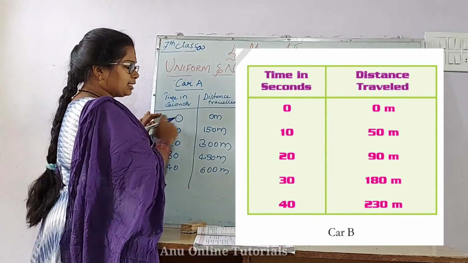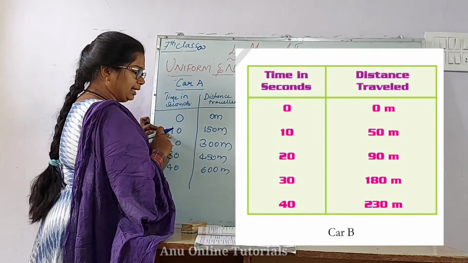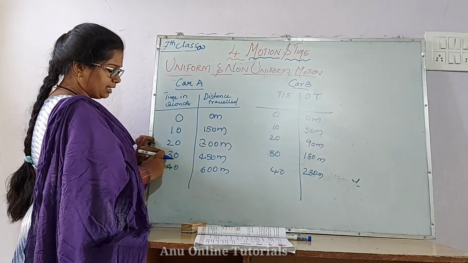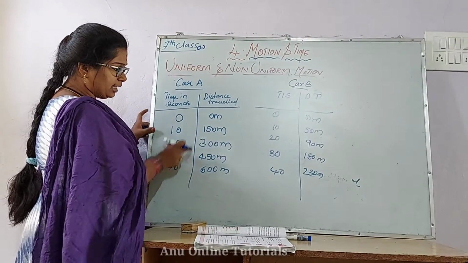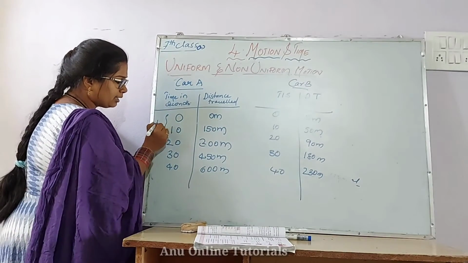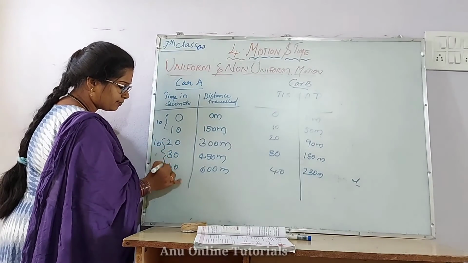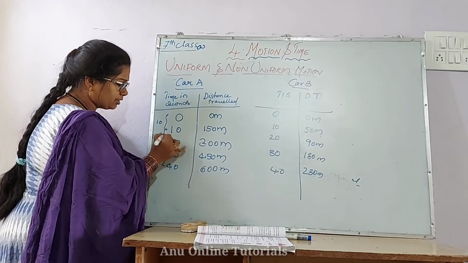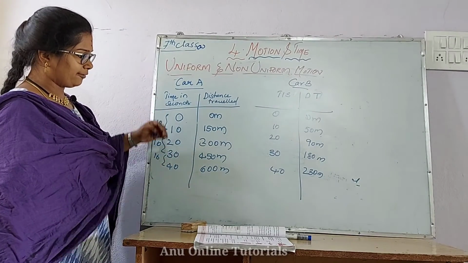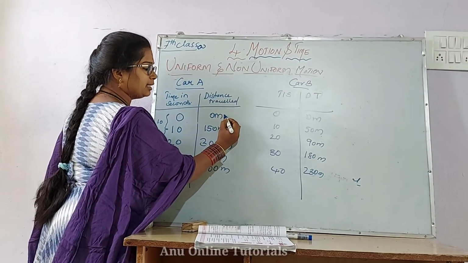See, in 0 seconds, 0 meters. In 10, 150. In 20, 300 meters. See the time interval. What is the time interval? 10 seconds. Here to here also 10. Isn't it? 10, 10, 10, equal intervals of time. Car A has traveled equal distance.